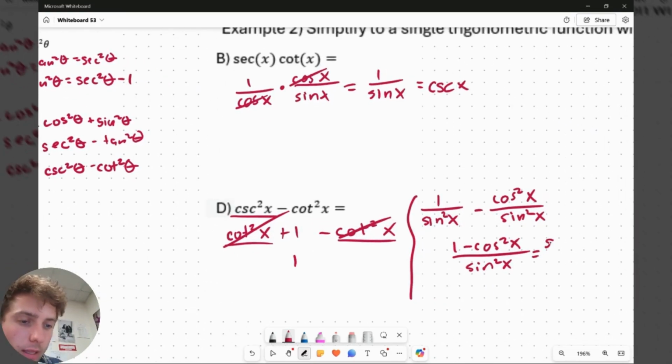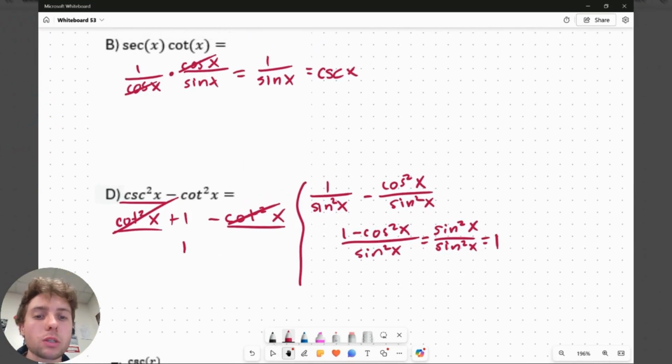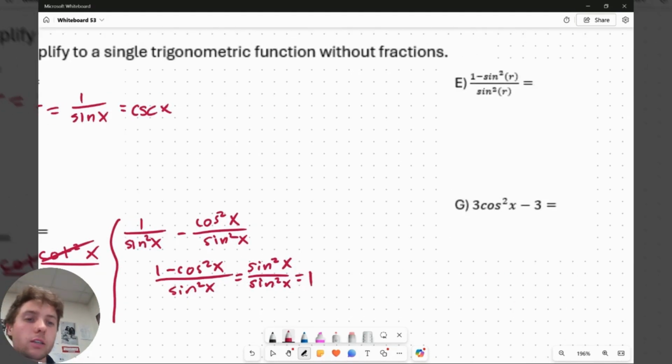So now I've made this into sine squared x over sine squared x, and that also gives us 1, right? So there's a bunch of different strategies you can use. You just need to make sure you're replacing whatever part with an equivalent statement and using algebraically correct steps to try and simplify. And if you do that, you should get the correct answer.